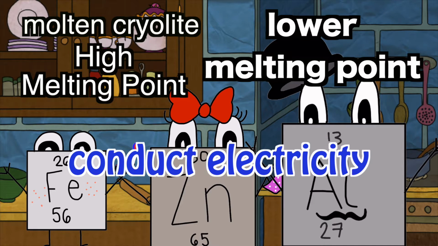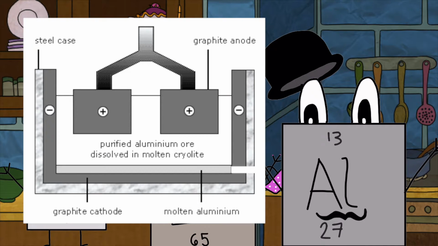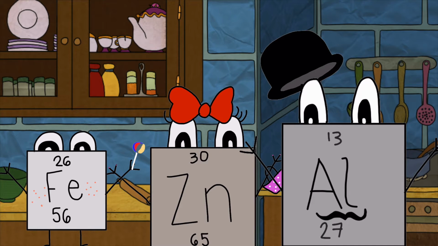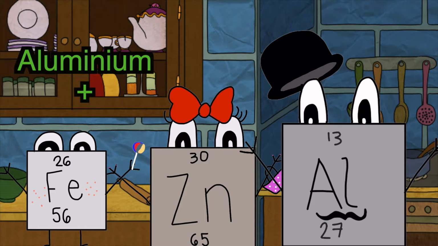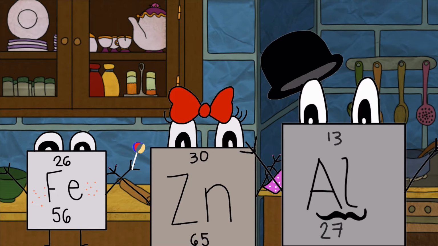Oh, Al, tell him the best part. Where were you taken? I was taken to an aluminium oxide electrolysis tank. There, it contains a negative electrode and a positive electrode, and they are both made of graphite, a form of carbon. Since aluminium is positive, it forms at the negative electrode. Oh, I know!